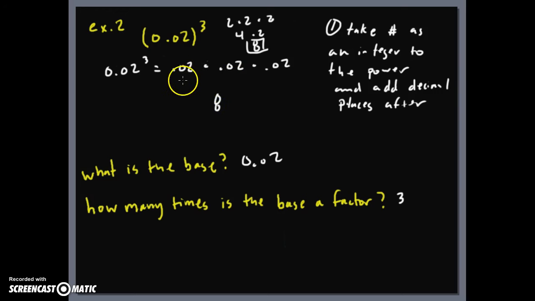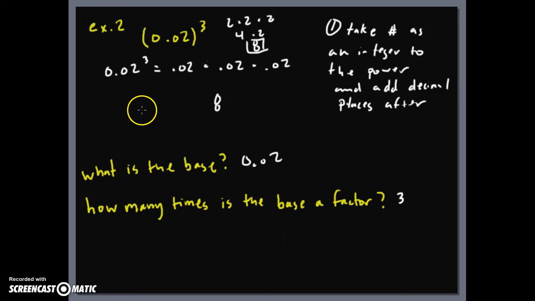If I add up the decimal places behind the decimal, we've got 1, 2, 3, 4, 5, 6. Another way of easily doing this is saying, okay, in the original example, we had 2 places behind the decimal, and it was being taken to the third power. So 2 places behind multiplied by 3 is 6, right? And that's what we got when we counted. 1, 2, 3, 4, 5, 6.